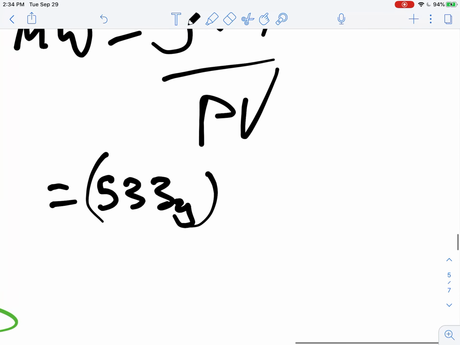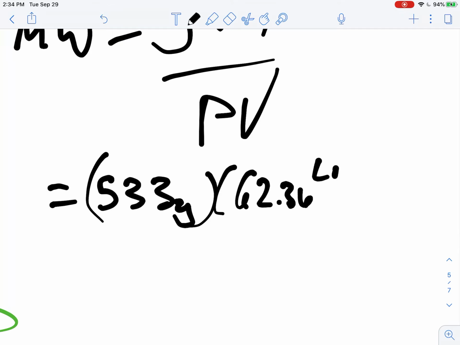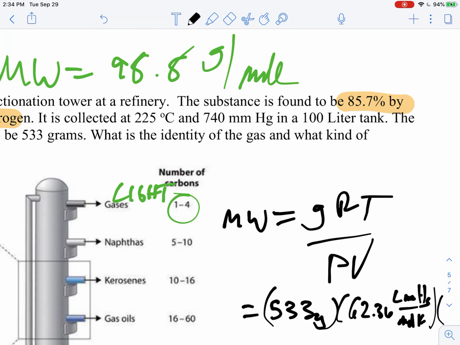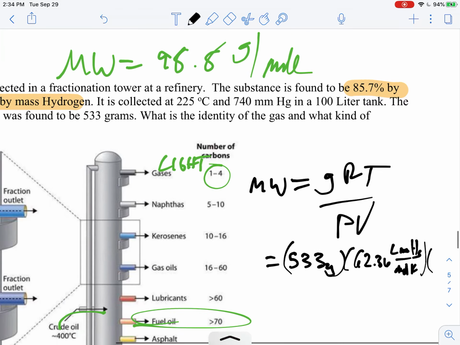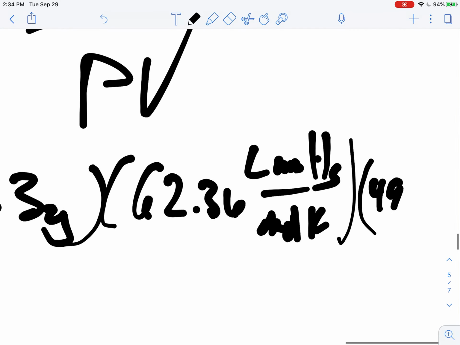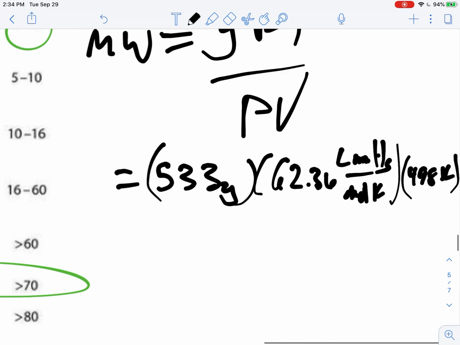I got millimeters of mercury there, so that's going to be 62.36 liter millimeters of mercury per mole Kelvin. T, it said it was 225, so 225 and 273 gets me 498. So my temperature is 498 Kelvin.